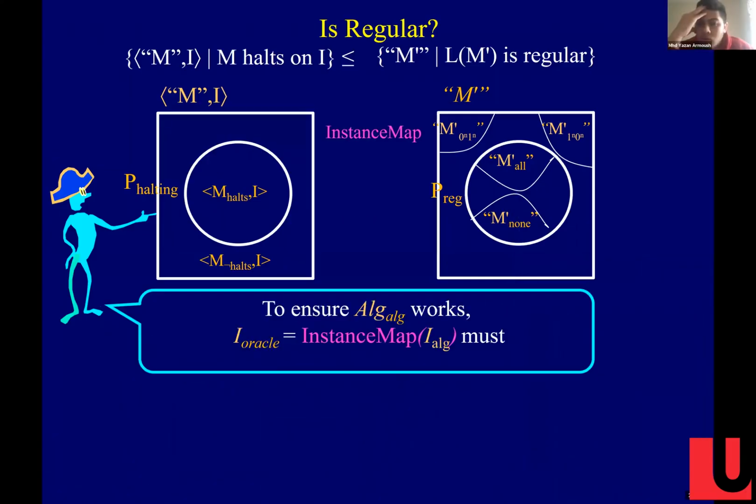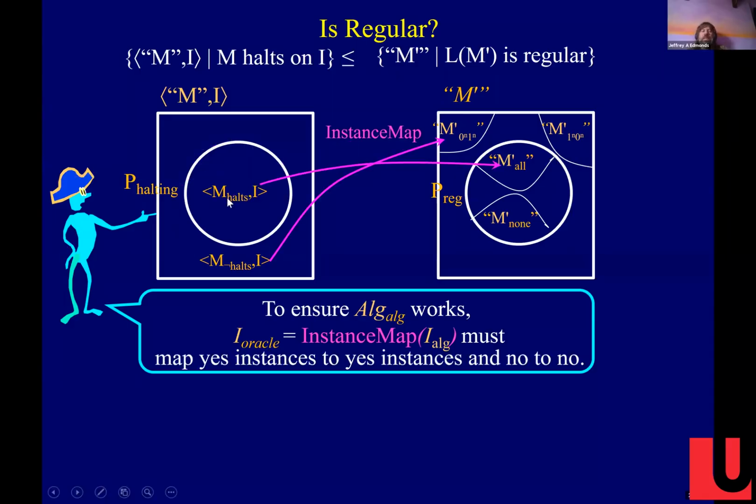All right, so now we need to come up with an instance mapping. For every M and I, we need to map it over to some Turing machine. When M halts on I, we're going to map it to Turing machines that always say yes.